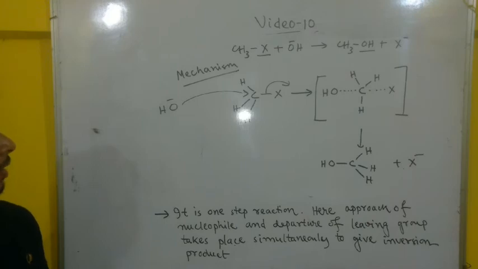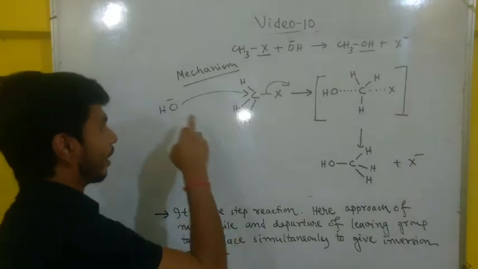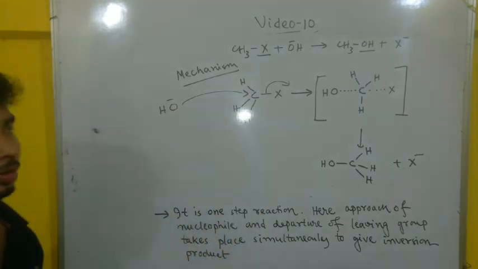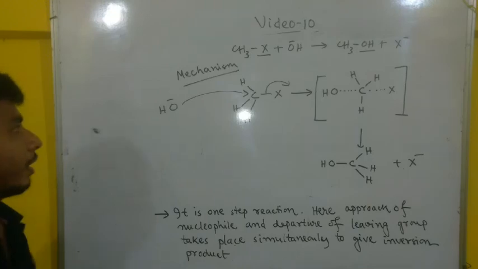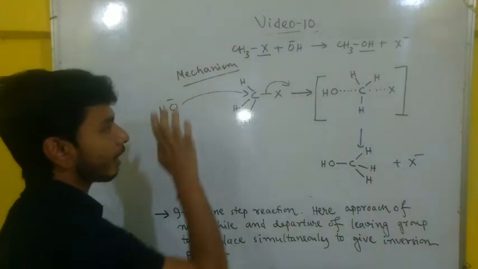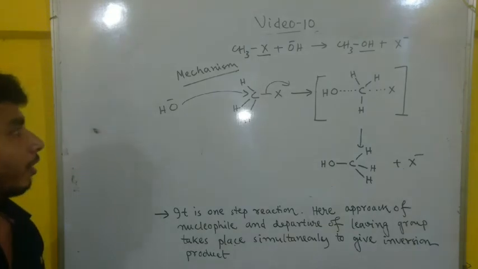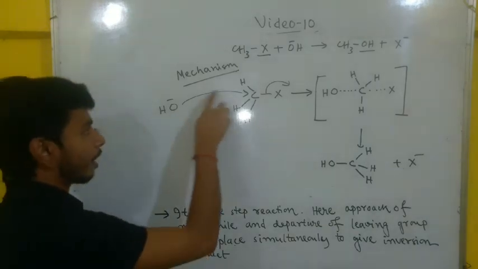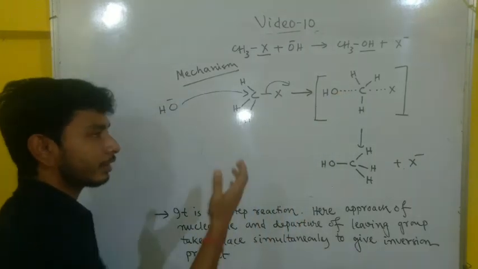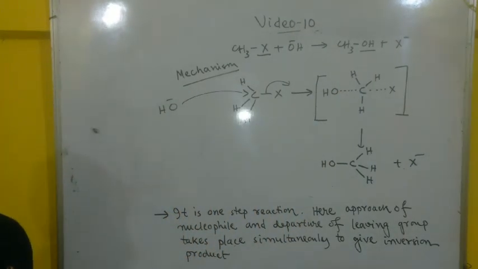Clear? So SN2 reaction is a one-step reaction. Here approaching of the nucleophile and departure of leaving group, these two processes take place at a time, and the nucleophile always approaches from the back side of the leaving group. So here nucleophile starts forming the bond with the carbon. This dotted line indicates that nucleophile starts forming the bond.